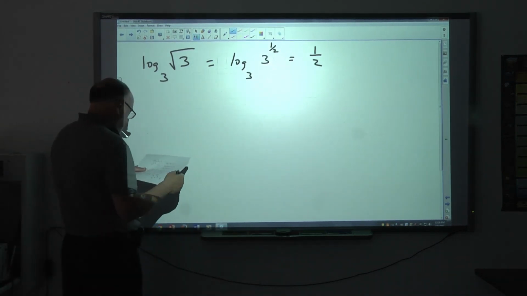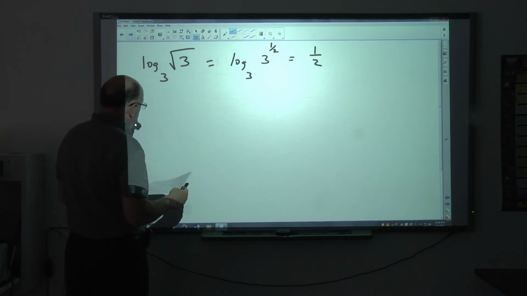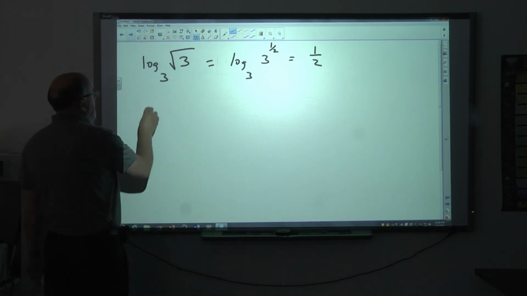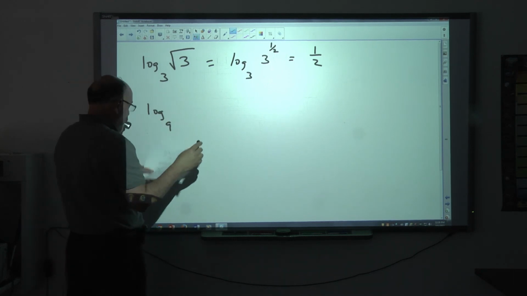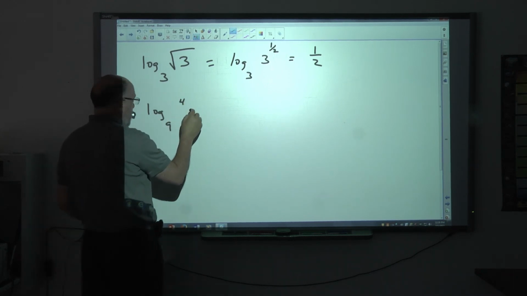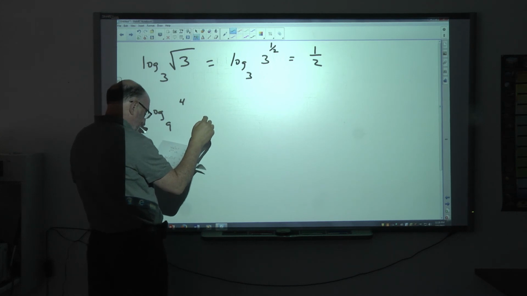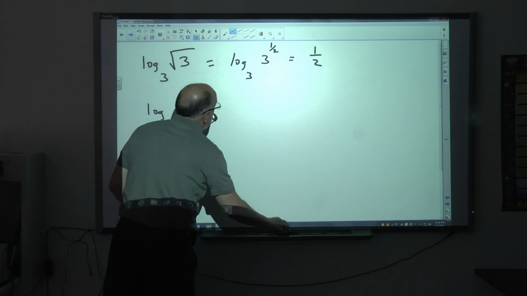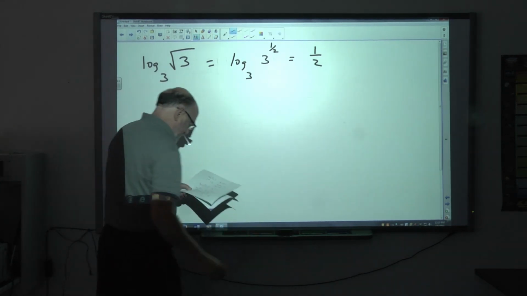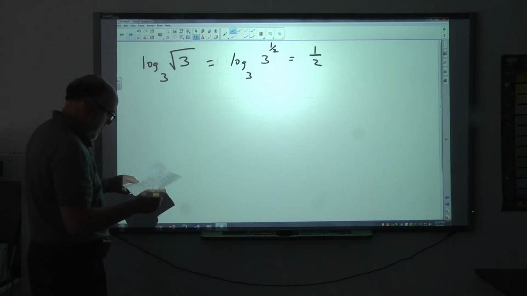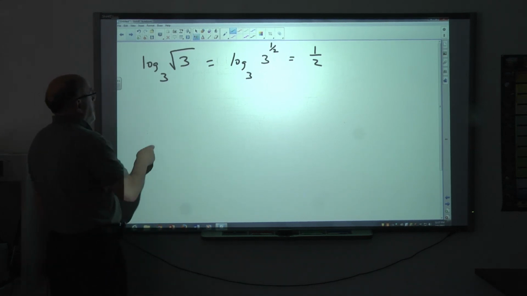I could also ask, given something like this, what is the log base 9 of... sorry.